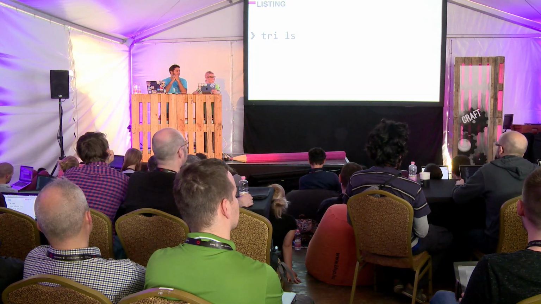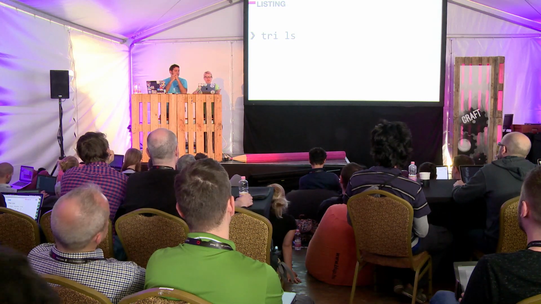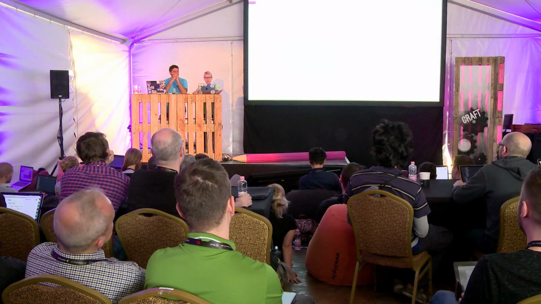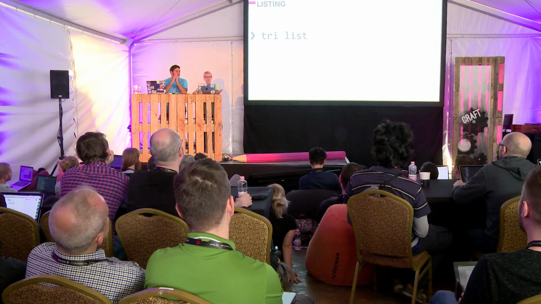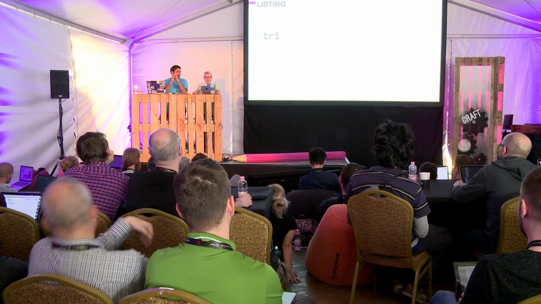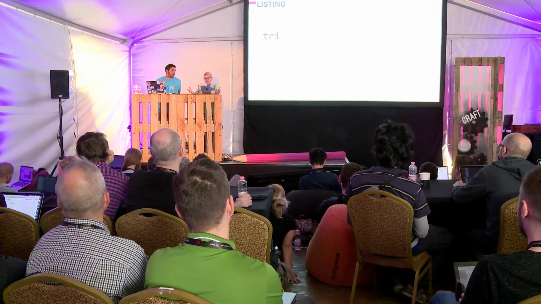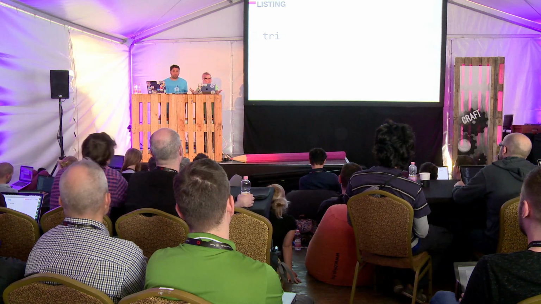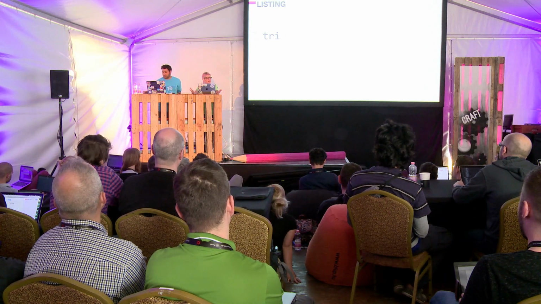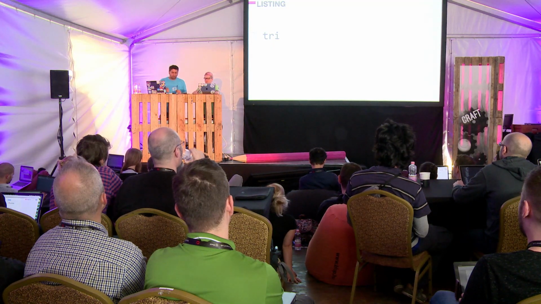There are a couple ways. You can try ls. You can try list. Or you can just do try. If you are accessing this to-do list a lot, the less you type, the better, one would think.